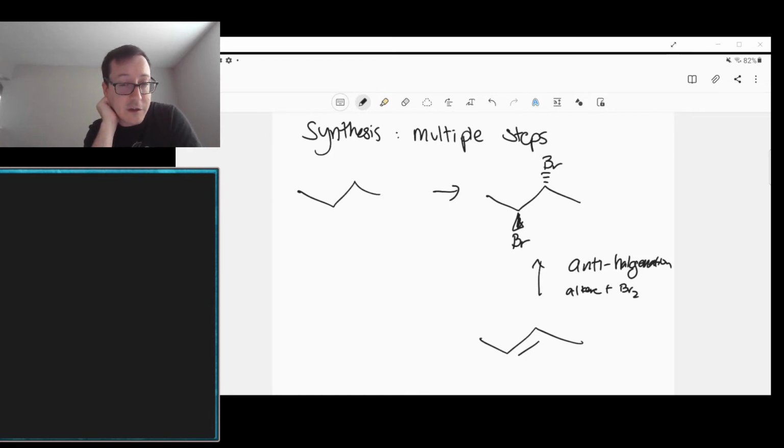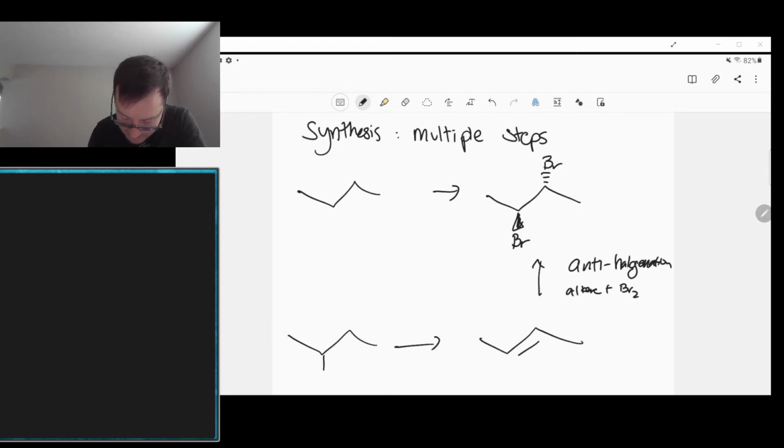So it'll be a little bit tougher for us to justify dehydration of an alcohol to make the alkene. So what about an alkyl halide? Probably a good idea. If we eliminate an alkyl halide, we can do that. And this is just an elimination.